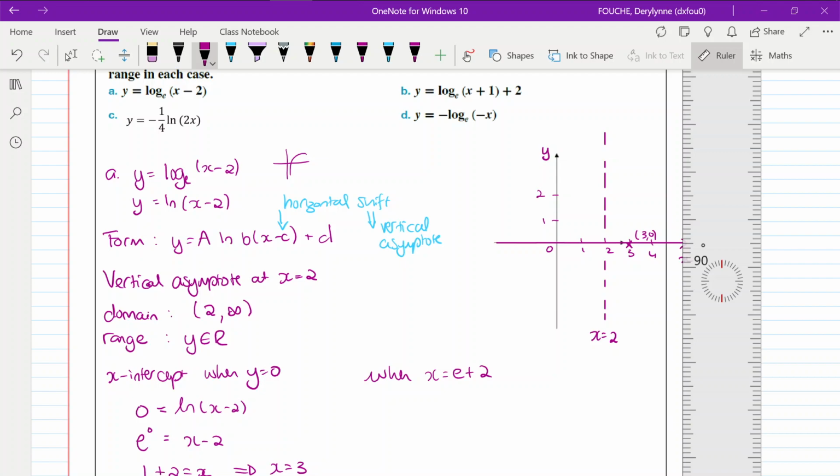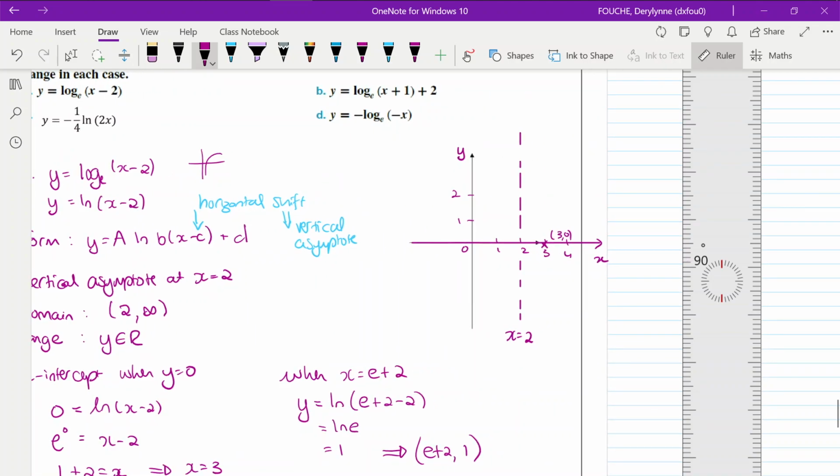And I substitute that in. I get y equals ln of e plus 2 minus 2. And I guess the cool thing about that is that the 2's cancel and I get ln e, which is 1. And that then gives me a point e plus 2 and 1.